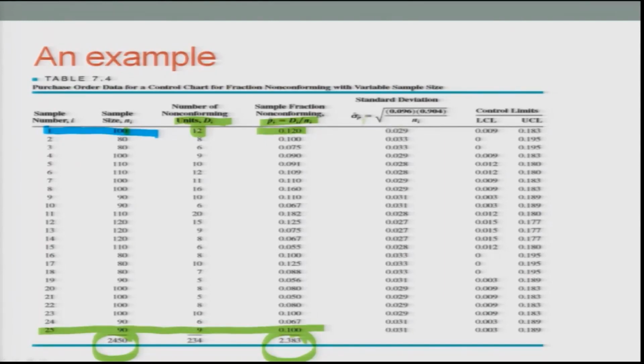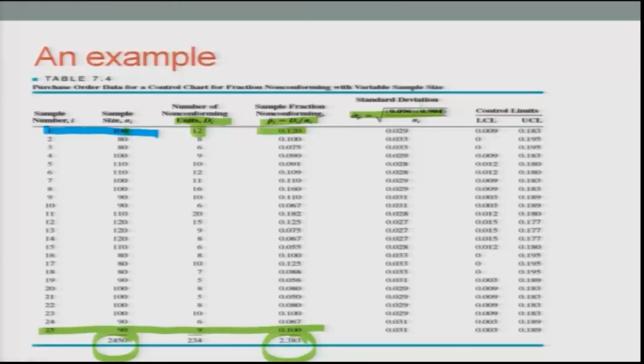Now, from this you find out the values, where sigma hat is basically the standard error, the square root of the variance. If you are wondering where this value is coming from, it is calculated from here.